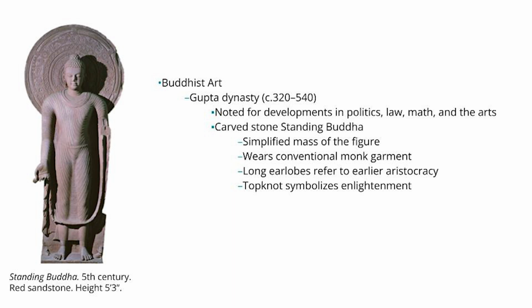It's not all broken up into different muscles. It's just one long tube of an arm with a bit of a crook at the elbow. Also, this sculpture shows the Buddha wearing a conventional monk garment. He has long earlobes to refer to the fact that he once had his earlobes stretched when he was a prince as a child. And his top knot, or the bun on the top of his head, symbolizes his enlightenment.